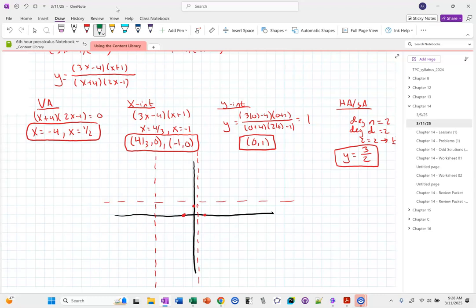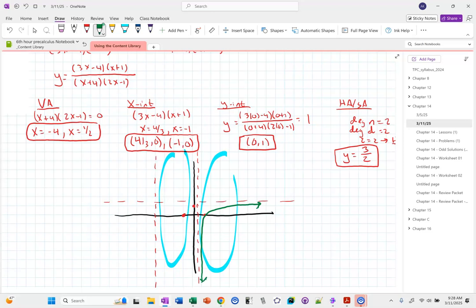So if I look now, I can tell that I know how to draw this section of the graph and this section of the graph based on just the asymptotes that are there and the points that I have to pass through, right? So on the far right section, I know I have to start at the asymptote. And because I know I can't pass the horizontal, I know it's got to look like that.